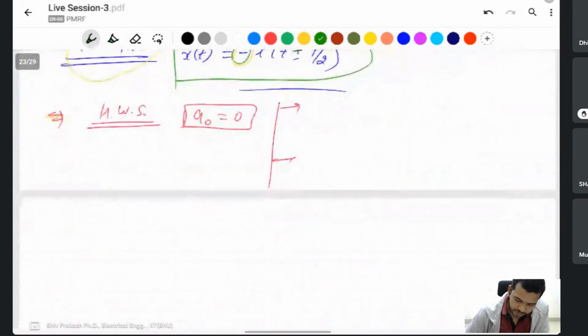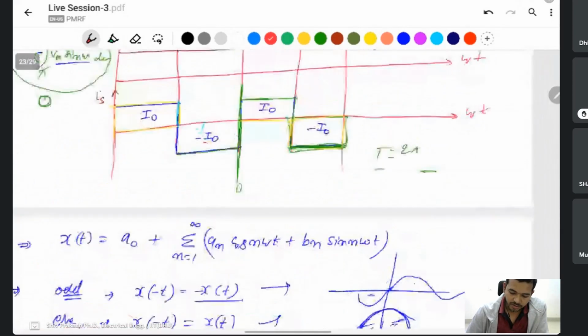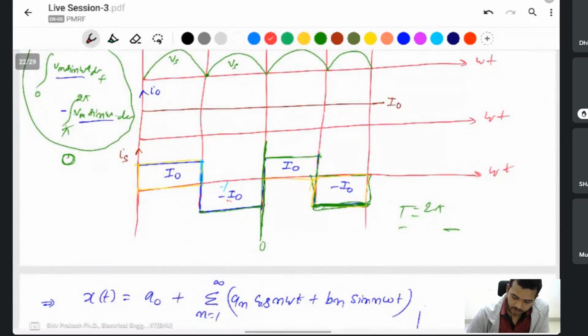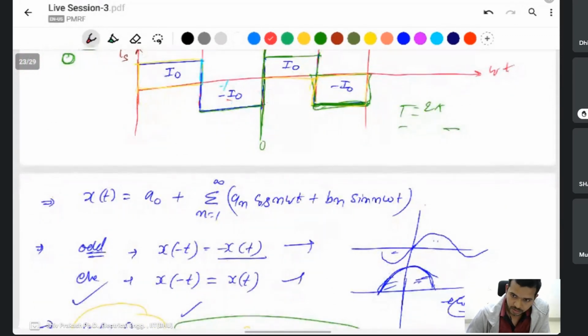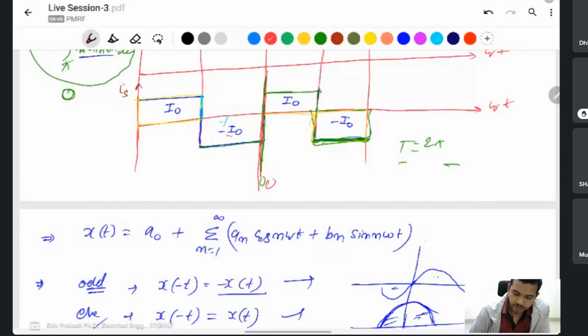If half wave symmetry is present, next is the odd and even signal. For an odd signal, take a mirror on the y axis. If the right-hand side is the same, it is an even signal. If it's not the same, then it's an odd signal. Sinusoidal signals are odd signals, and cosine is an even signal. This one is odd because if you take a mirror here, it is not the same; it is the opposite.